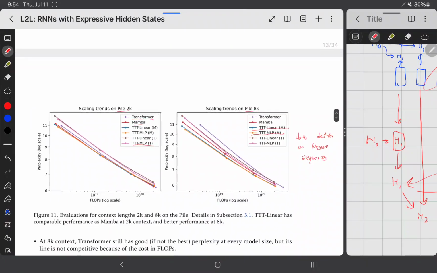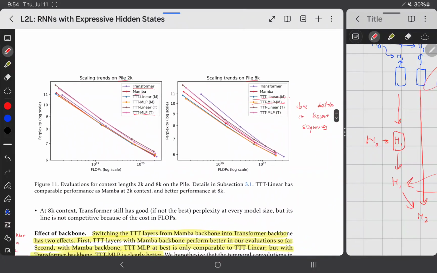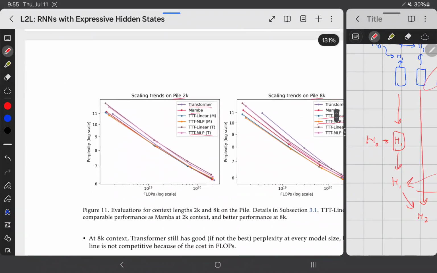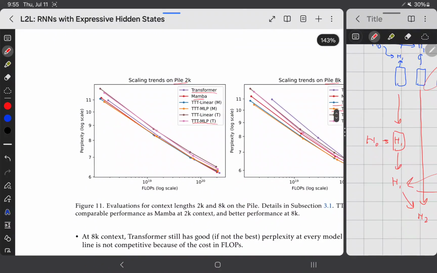So they do a bunch of experiments. This is on the pile, and they show flops by perplexity. I feel like this may hide some things, I don't know, but they choose flops by perplexity like most papers do. I'm not a big fan of flops, but they pick that because that's what most people do.